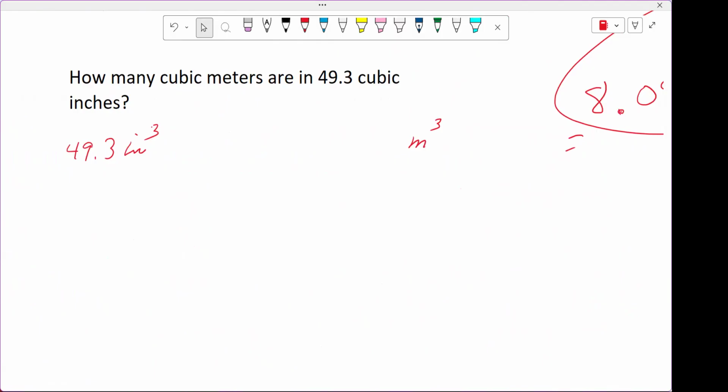Could have done 3 sig figs, because your answer is going to be in 3 sig figs. 1.6387 E1 means times 10. I got the same thing. 2.54 times 2.54 is 2.54. But I didn't get 16. I got 1.64.